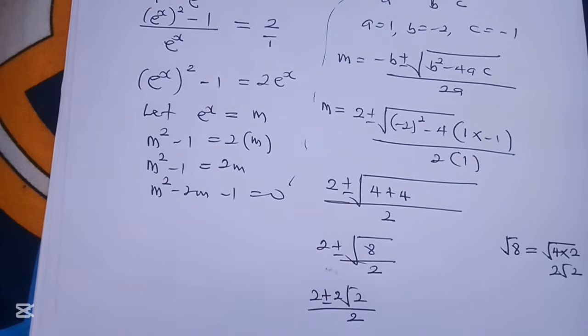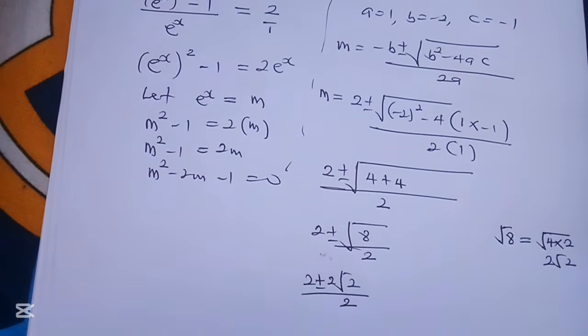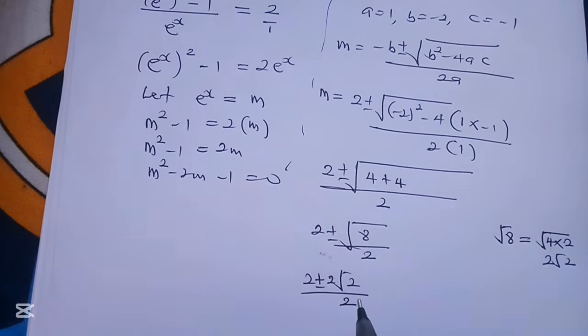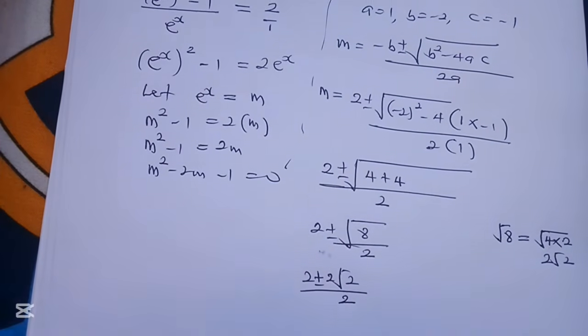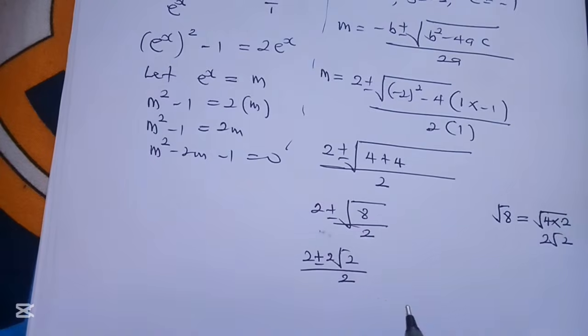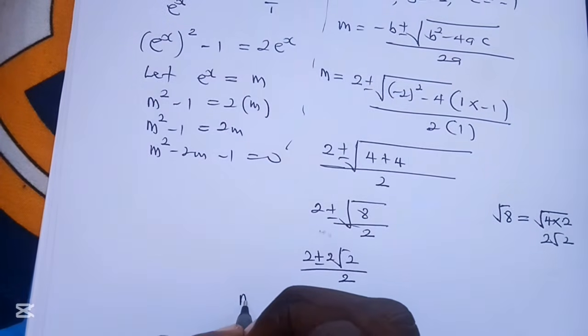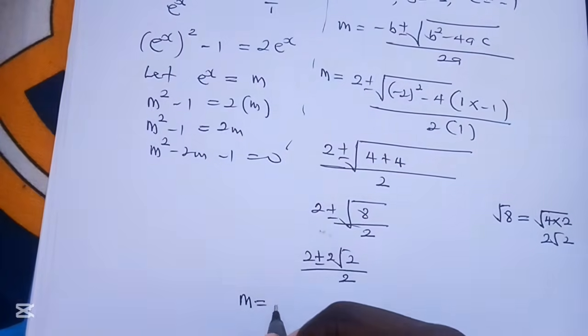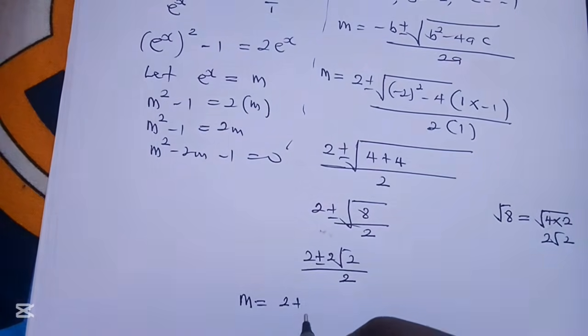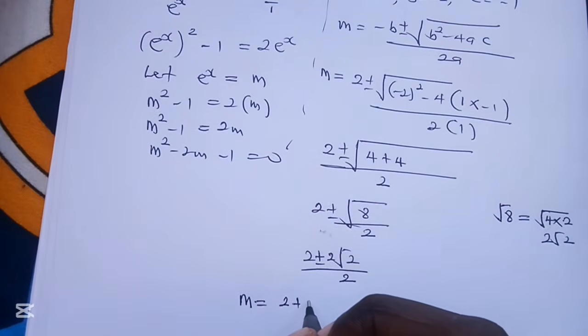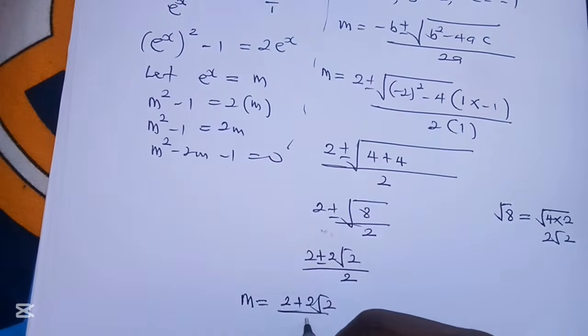Then from this point we can use plus or minus separately to find the value of m. First, m can be 2 plus 2 root 2 divided by 2.